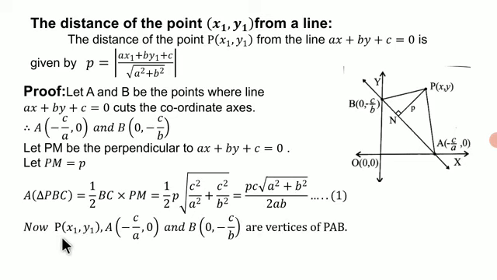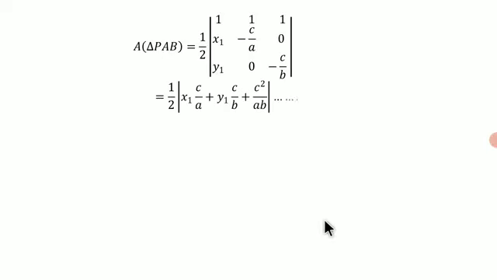Now, coordinates of point P as (x1, y1), A as (minus c upon a, 0) and B as (0, minus c upon b) are the vertices of triangle PBA. And therefore, again, here we get area of triangle PAB is equal to 1 upon 2 into determinant 1, 1, 1, x1, minus c upon a, 0, y1, 0, minus c upon b.